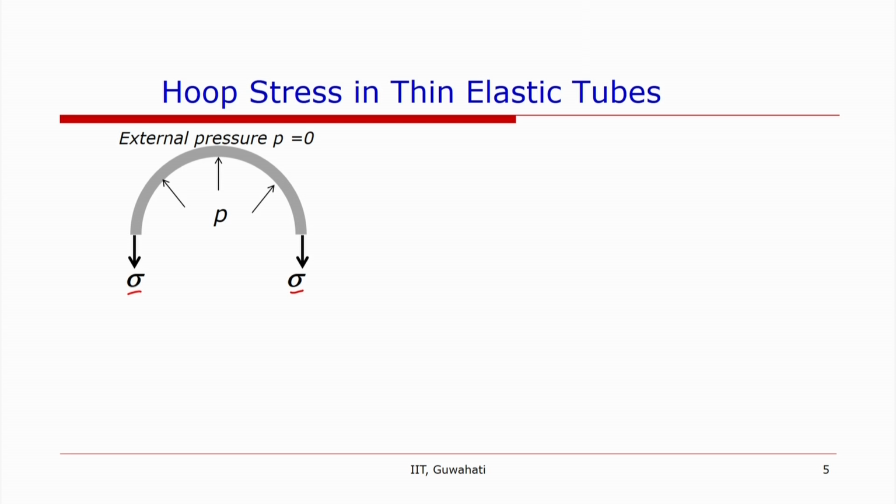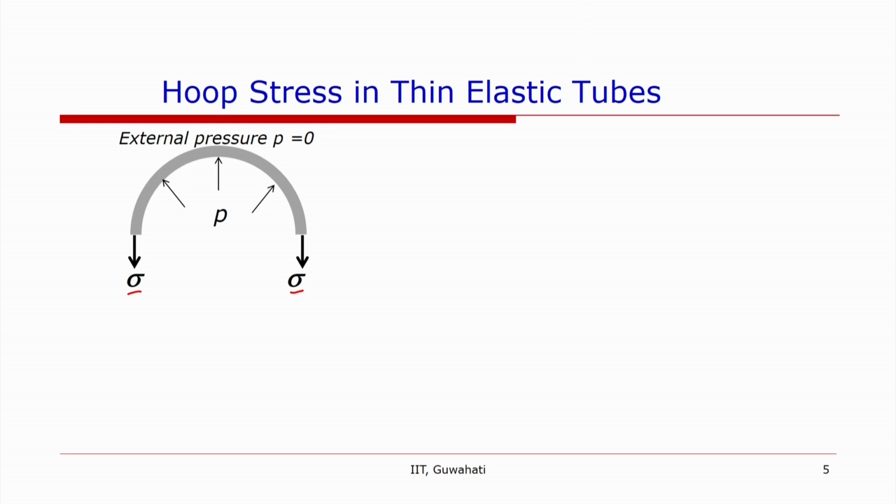We assume this stress is sigma. For simplicity's sake, we consider a semicircular portion of the tube, but one can also consider a small arc of the tube, though the algebra there might be a bit cumbersome.